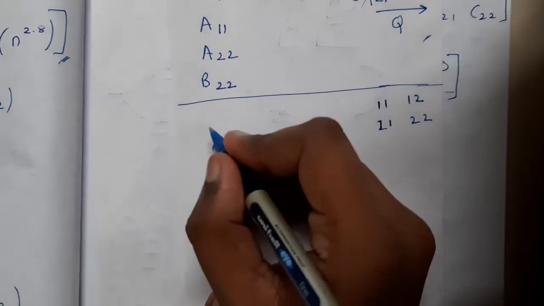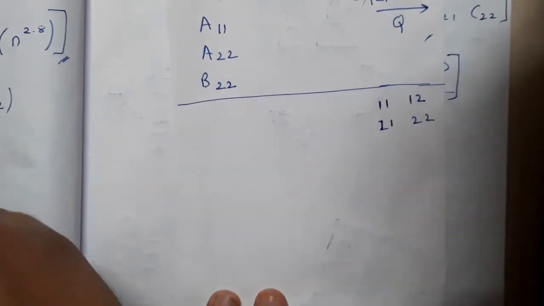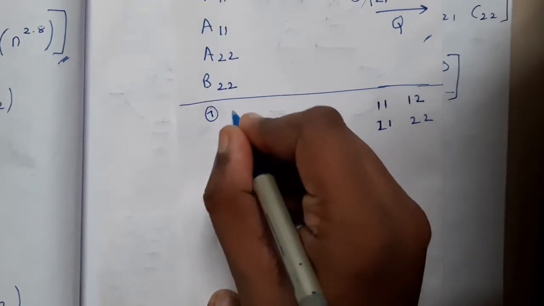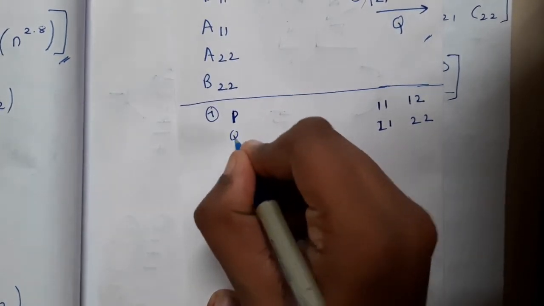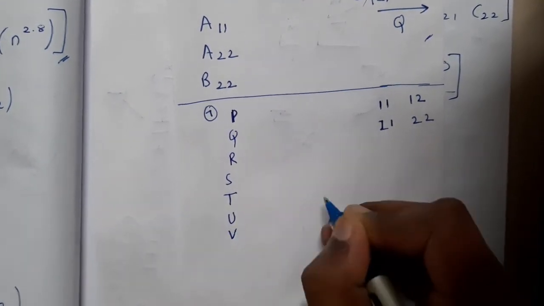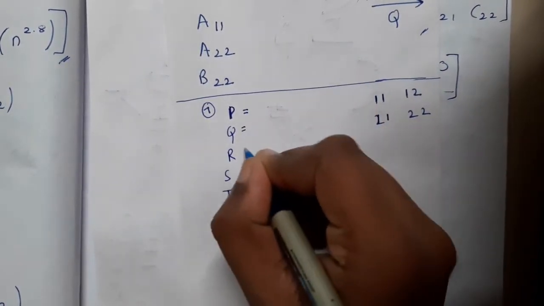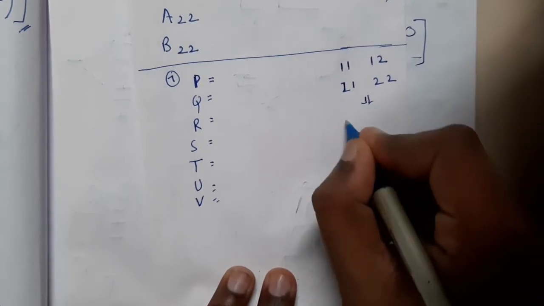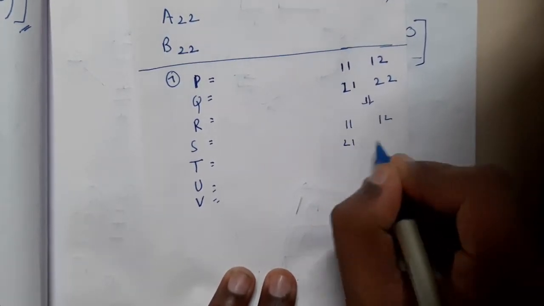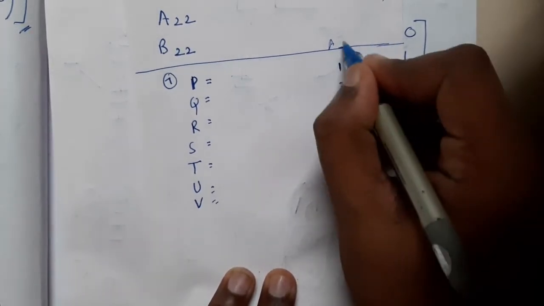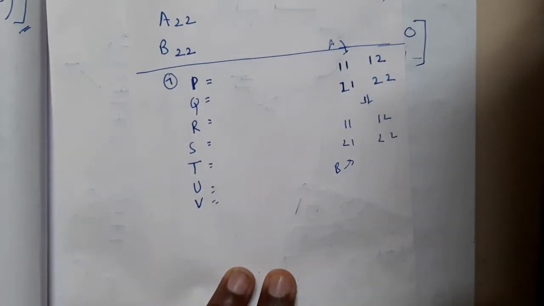After that you write 7 letters, from P to V: P Q R S T U V. These are the 7 letters that you should write. This is one matrix and the other matrix is also 11, 12, 21, 22. One is A and one is B, and for these two you are applying matrix multiplication.